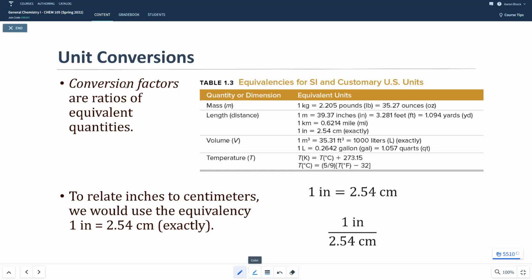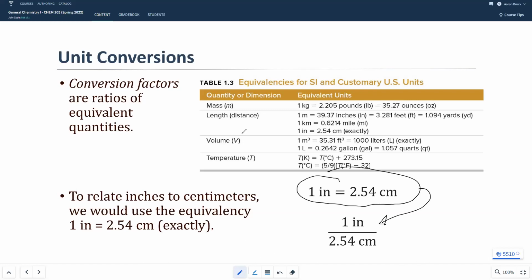Now, a conversion factor itself is a ratio of equivalent quantities. The way I want you to think about it is that if I can tie it together with equal signs, then I can convert that into a fraction that I can use to convert from one unit set to the other.